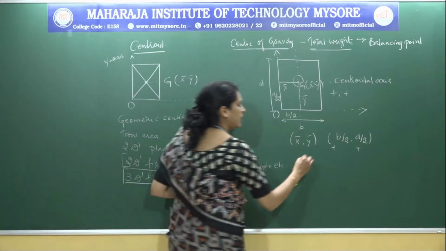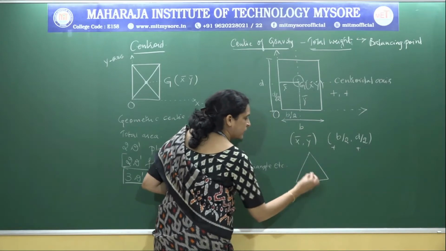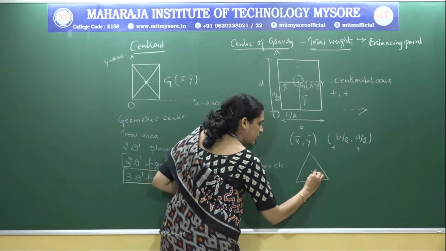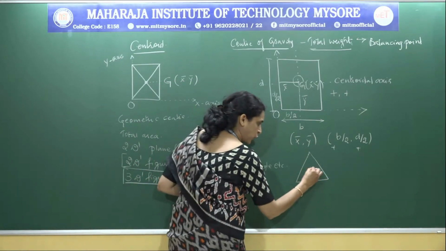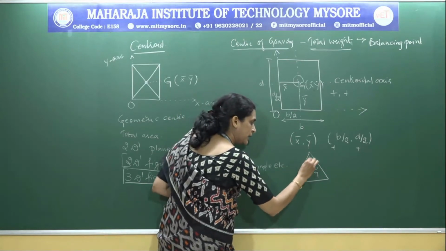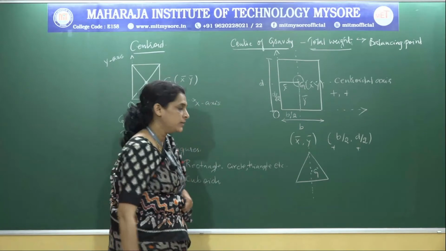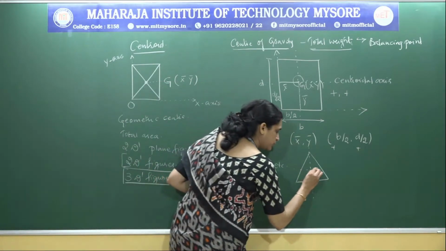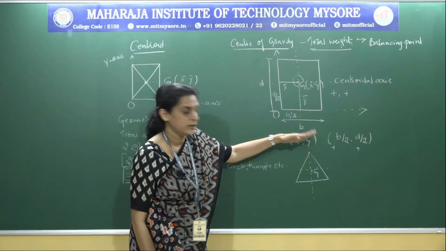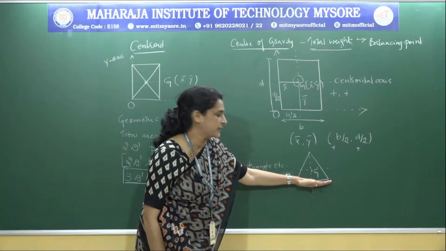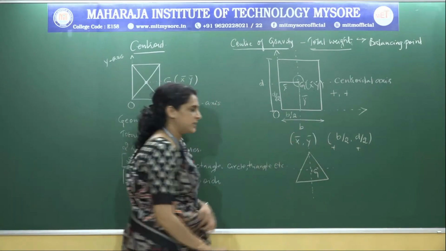If we consider the example of a triangle wherein G, the centroid, is located here, and here is an axis, I have the apex here and the base at this point. What if the orientation is changed?